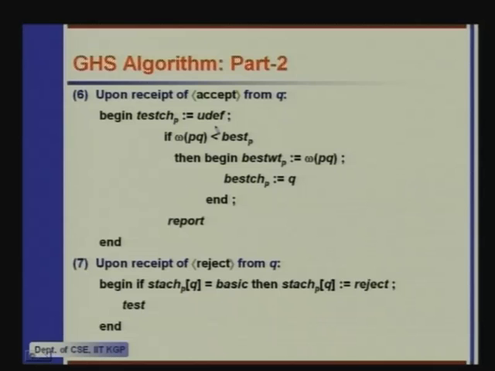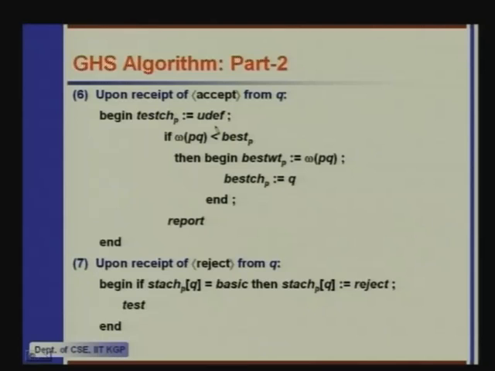The node has already found an outgoing edge from itself, and because we are searching in the order of increasing weights, this is the minimum outgoing edge from P. The moment you receive an accept, you have discovered the minimum cost outgoing edge from that node, because we were testing the edges in increasing order of weight.